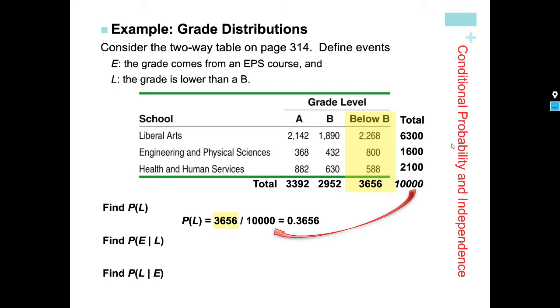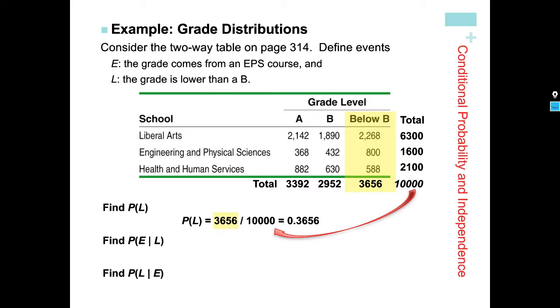So the probability of E given L is saying given, so you should think of this as the second thing, the given first. So given that they were below a B, what's the probability that they were in engineering and physical sciences? So another way you can think about this is that we're playing a guessing game.